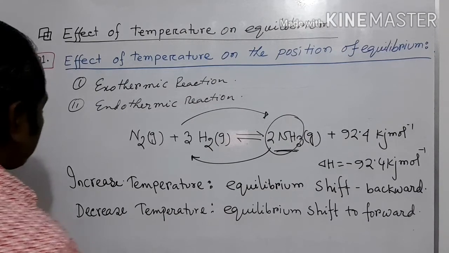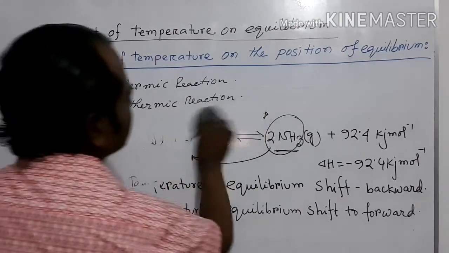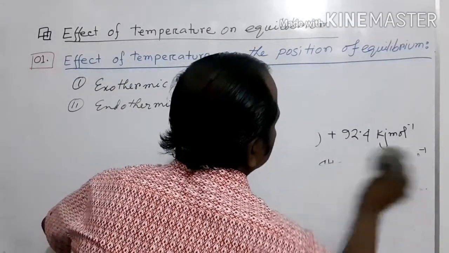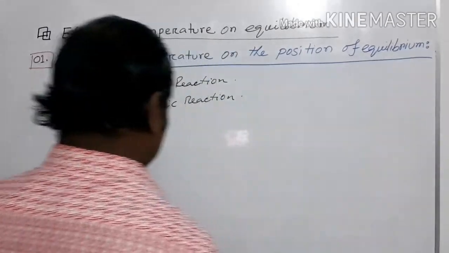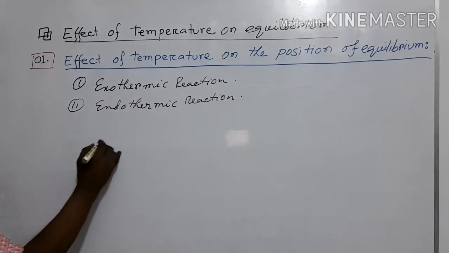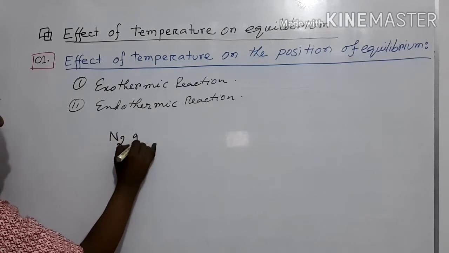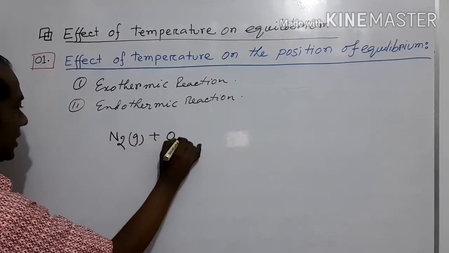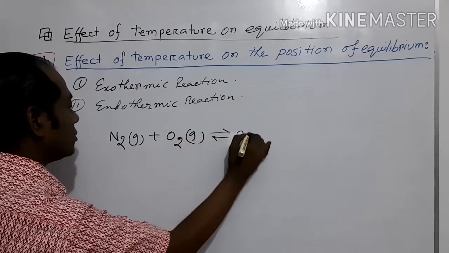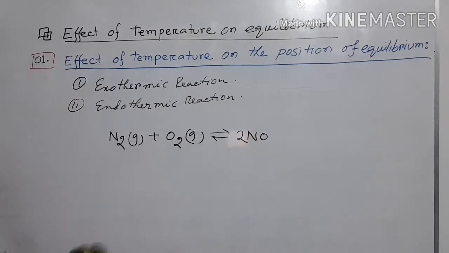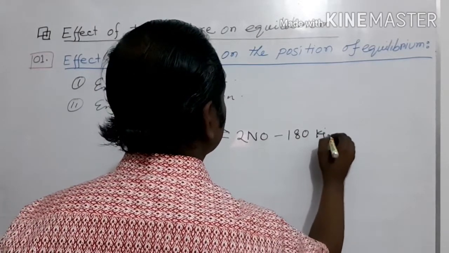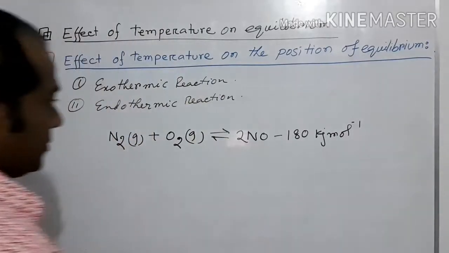And now for endothermic reaction, if we consider the reaction nitrogen plus oxygen to NO, minus 180 kilojoule per mole.